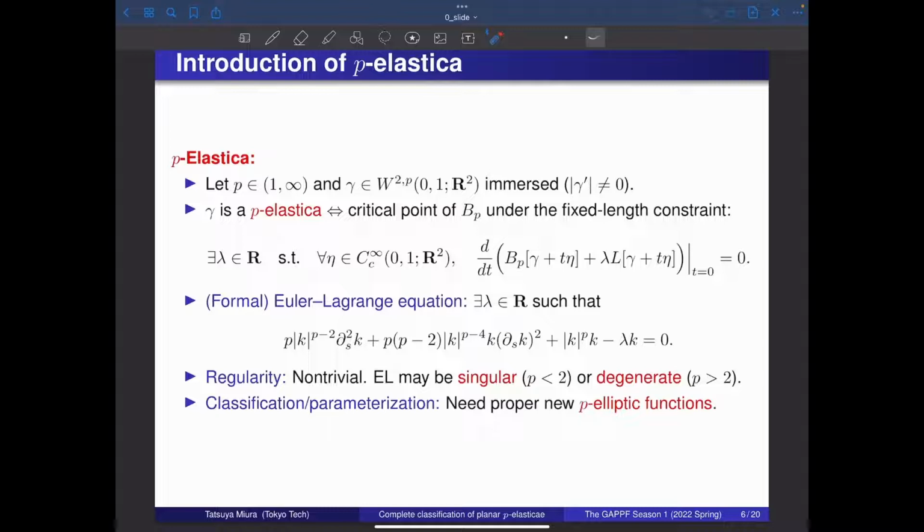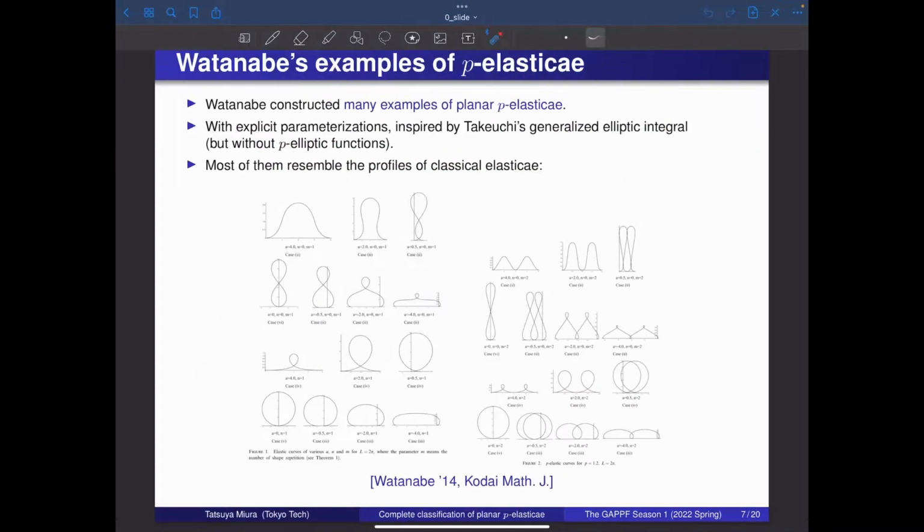In fact, besides these fundamental difficulties, we have some fundamental knowledge about the p-elastica. As a striking example, Watanabe obtained many examples of planar p-elasticae. Most of them resemble the profiles of the classical elasticae.